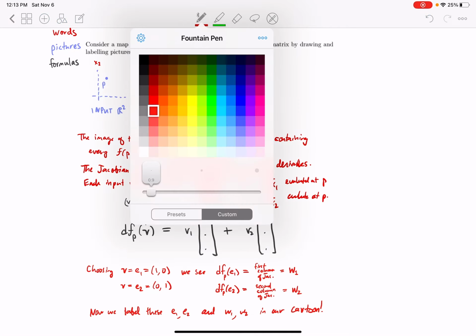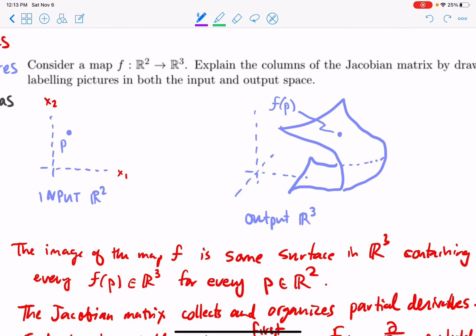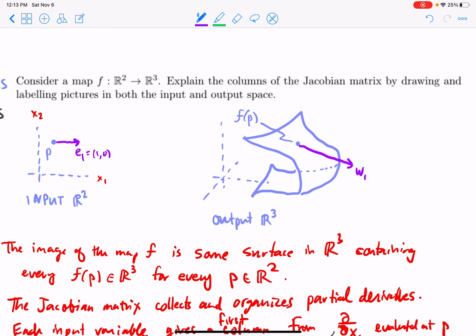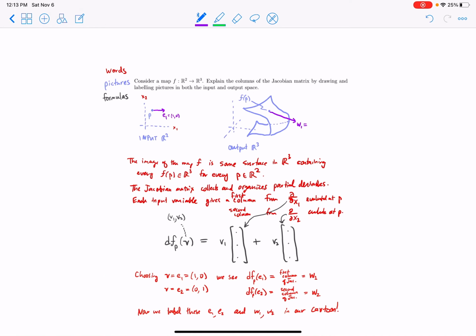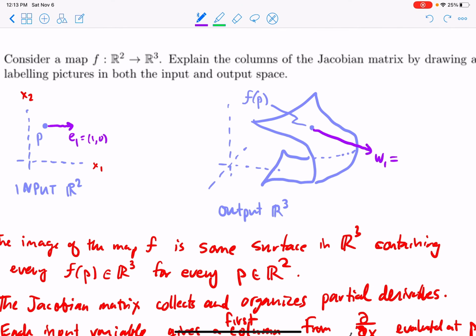Okay. So first I will draw E1 and W1. E1 is a movement like that. Right, like that. And then W1 is some movement in the output space. W1 is a vector. It is this vector in the output space coming from the partial with respect to the first variable. Okay.